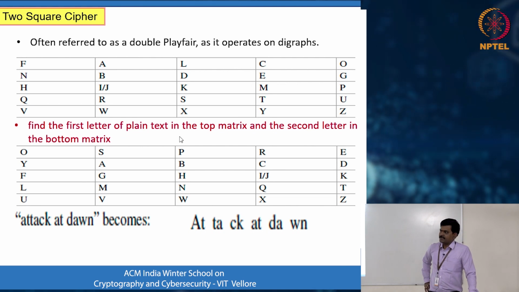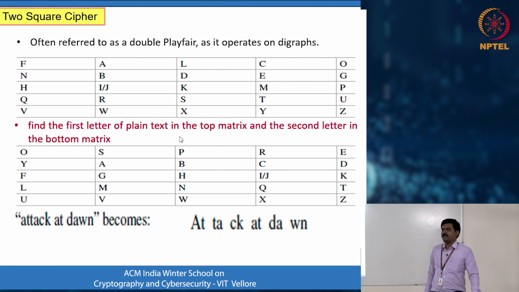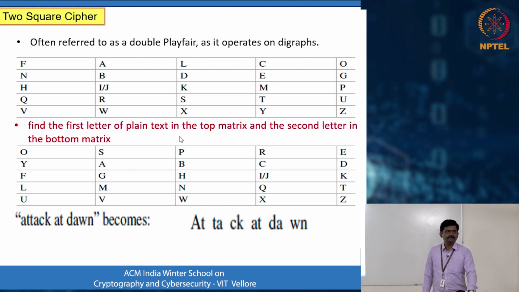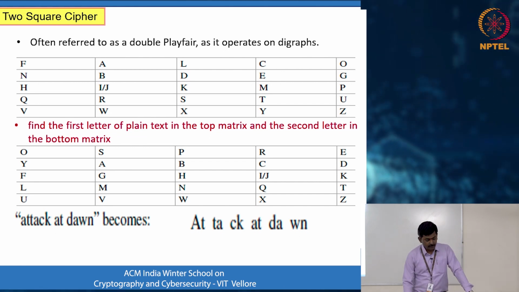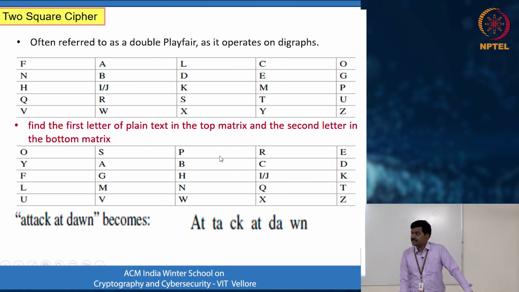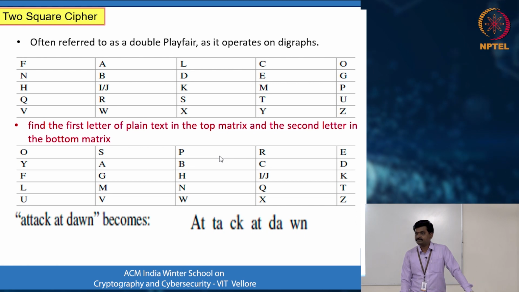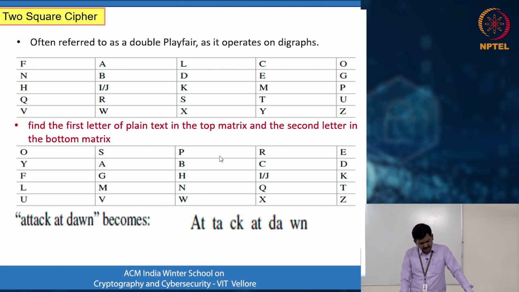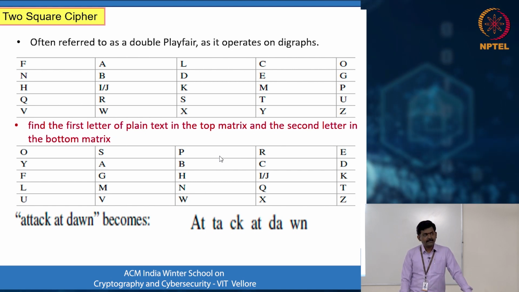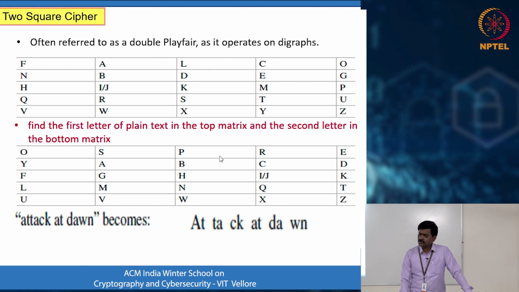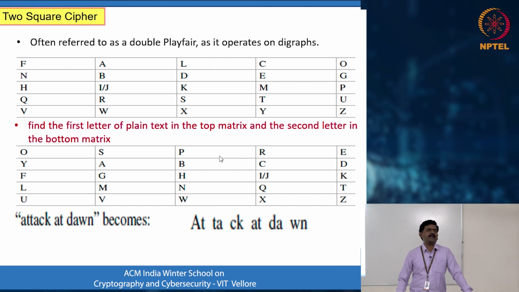You see your plain text. What is the plain text? Attack at dawn. Remember, the first matrix is created with the keyword Falcon, and the second matrix again is created with a different keyword. If you observe here, there are again multiple ways of handling it.